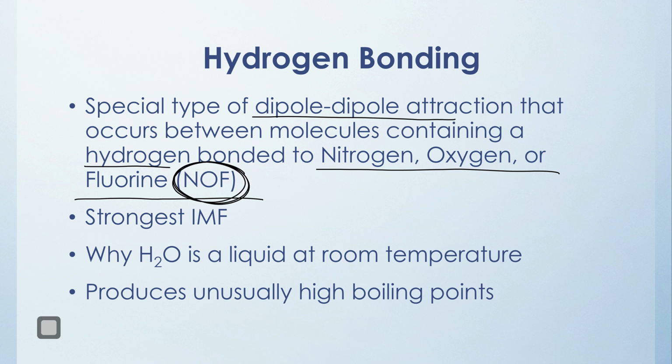Okay? And it's just because these three elements, nitrogen, oxygen, and fluorine, have some of the highest electronegativity, and so these bonds are stronger than any other dipole-dipole attraction. Okay, so this is the strongest IMF, and they will produce very, very high boiling points, which is why we are separating them out.